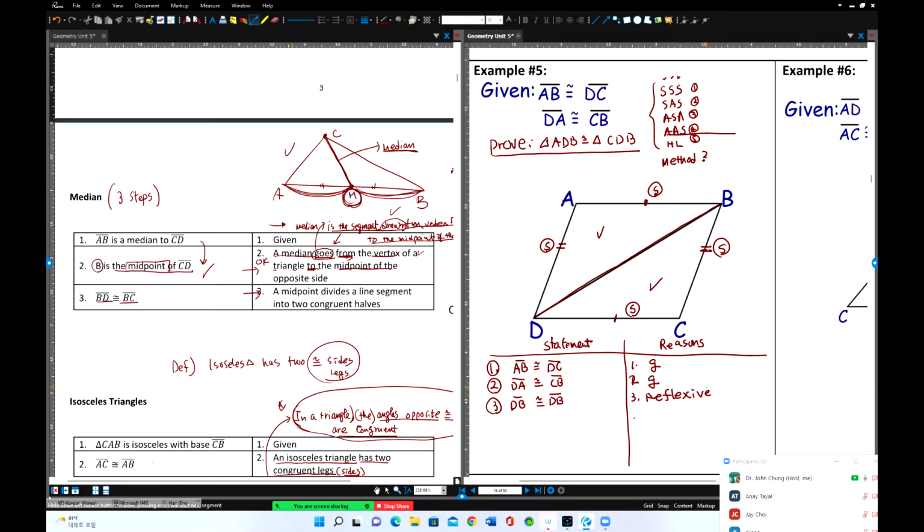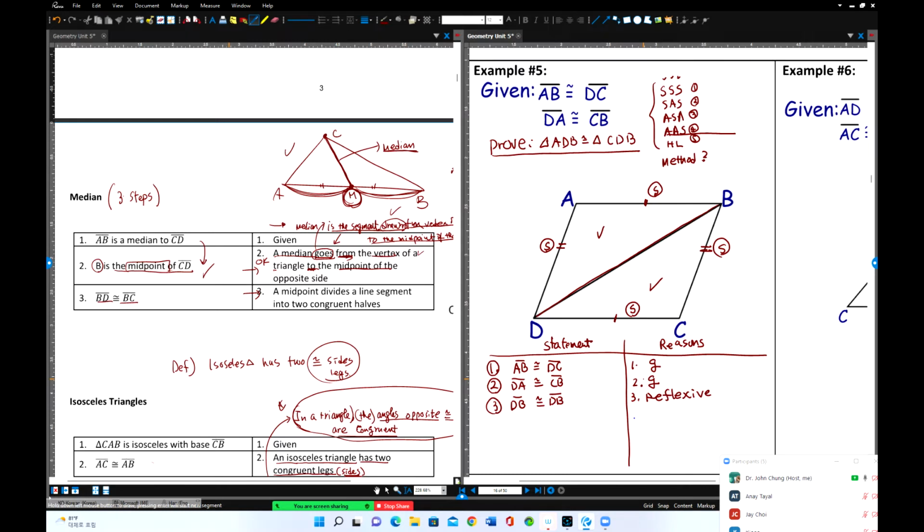You don't have to always say property or postulate. Property and postulate are different.